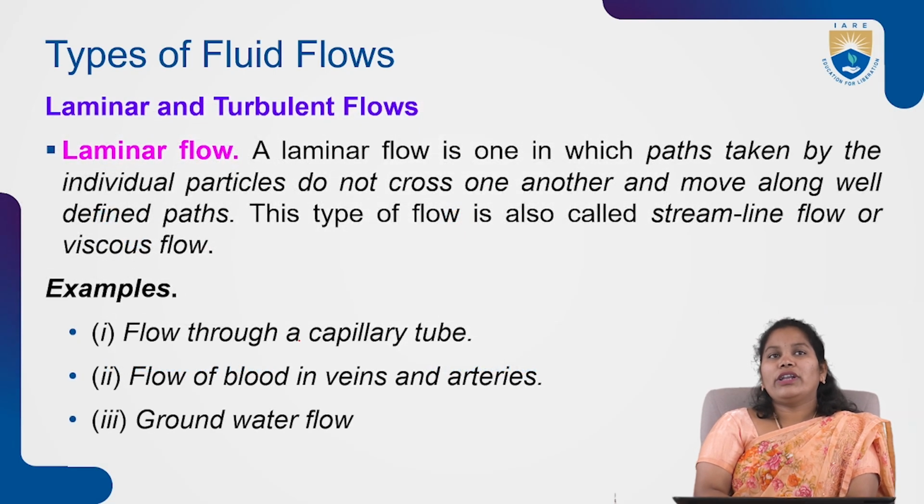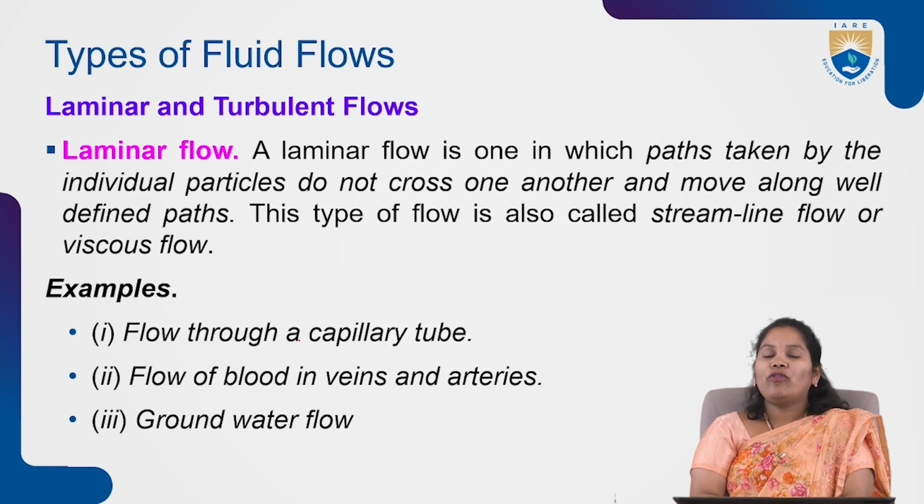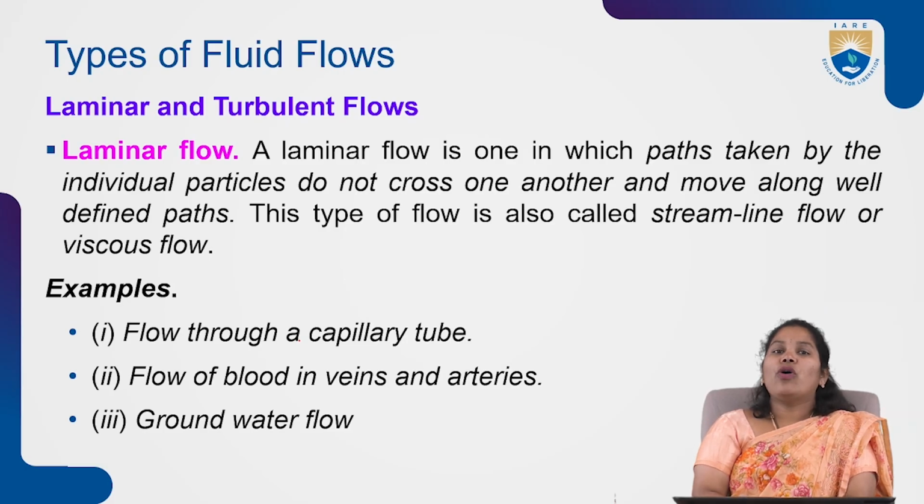Now, the most important types of fluid flow are laminar and turbulent flows. We have discussed these laminar and turbulent flows in previous classes also. Laminar flow is a type of flow in which all the particles move in well-defined paths of their own, in parallel paths or streamlines.